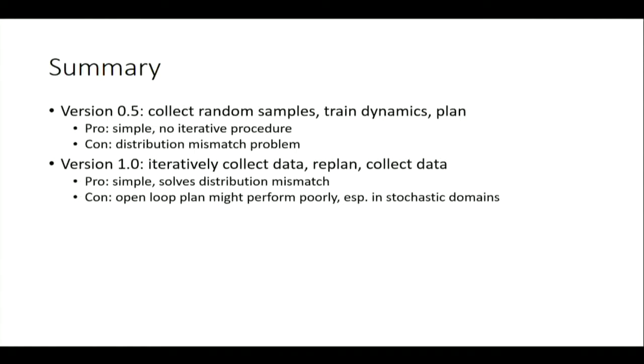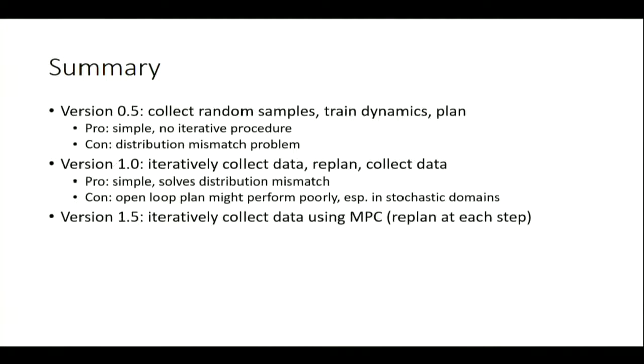The disadvantage is that the open loop plan, so open loop means that you plan your actions and then you just execute them blindly without correction, might perform poorly, especially in stochastic domains, where you can't perfectly predict your state. You can only predict it up to a distribution. So I should say, by the way, that version 1.0, under some assumptions, like, for example, deterministic dynamics, is a perfectly viable way to solve the model-based RL problem. It just might not be the best one. In stochastic domains, it gets a little more dicey.